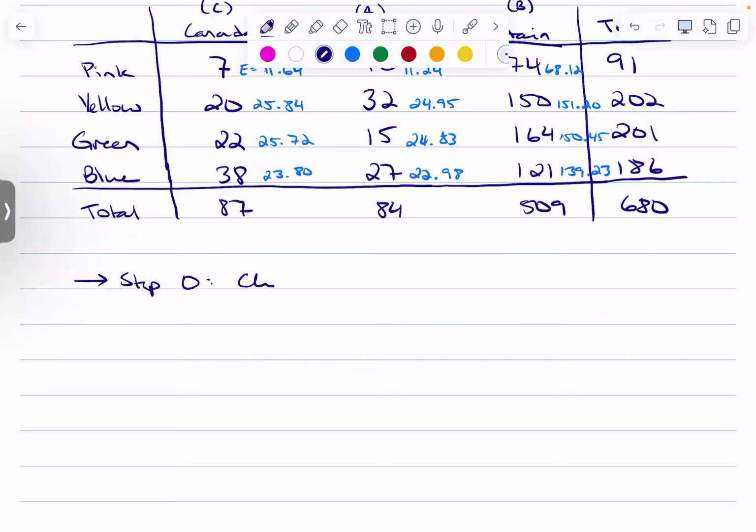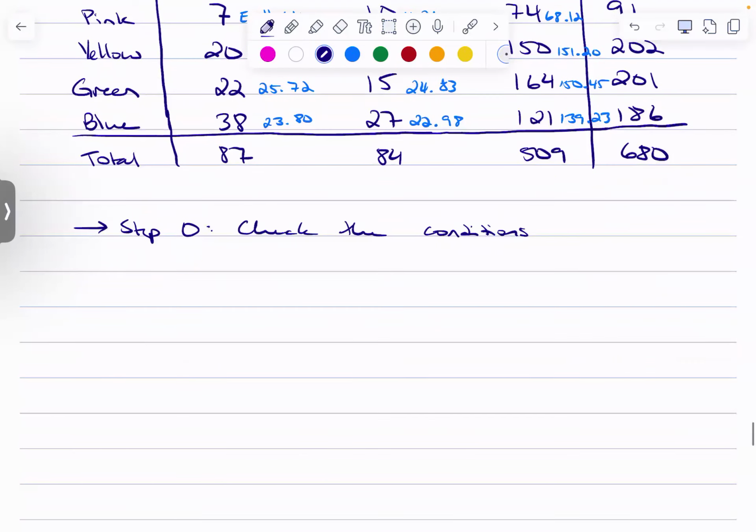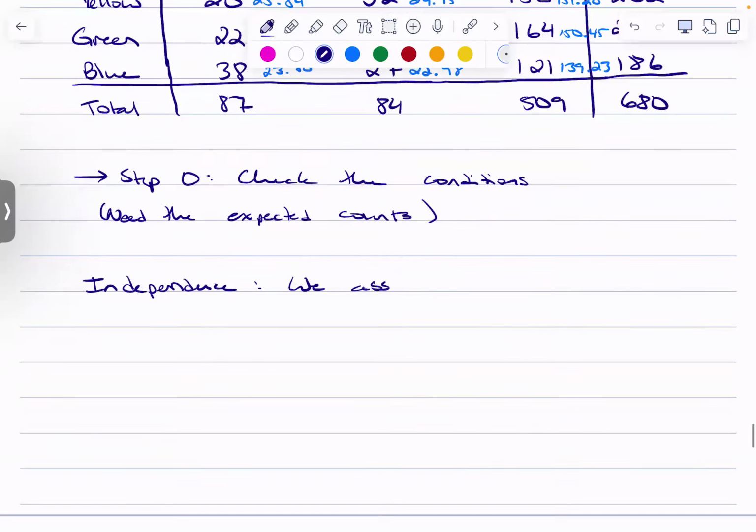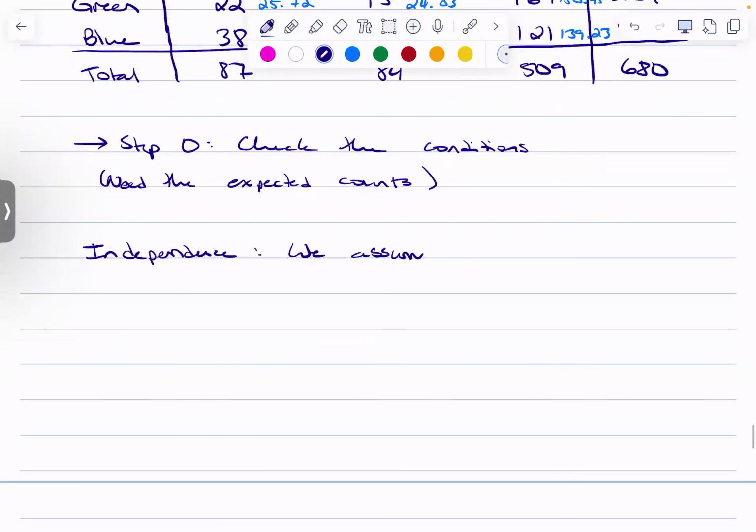Step 0, check the conditions. We need the expected counts. That's why it's coming. I'm slipping it in here. The conditions for a chi-squared are independence. Yes. I don't think I even finished it.